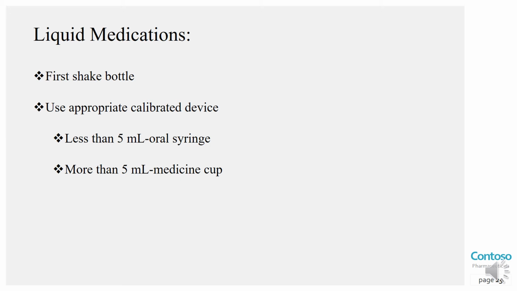So if you are going to give a medication that is less than 5 milliliters, an oral syringe is necessary for administration of this medication. If it is more than 5 milliliters, a medicine cup may be used. Make sure that when you measure the medication, you are doing it at eye level so that you know that the dose is appropriate.